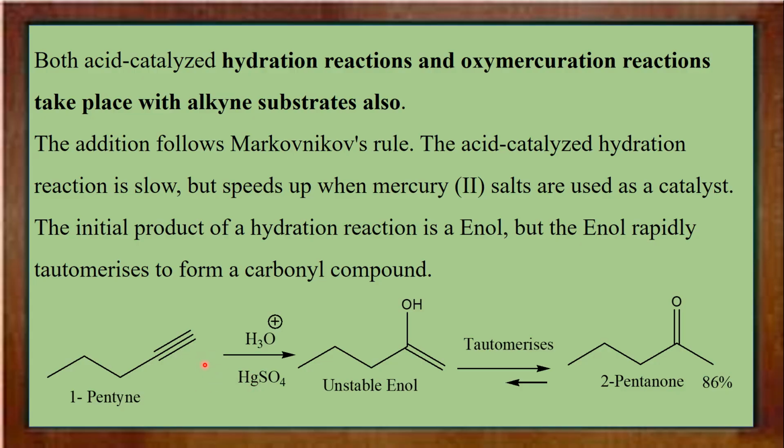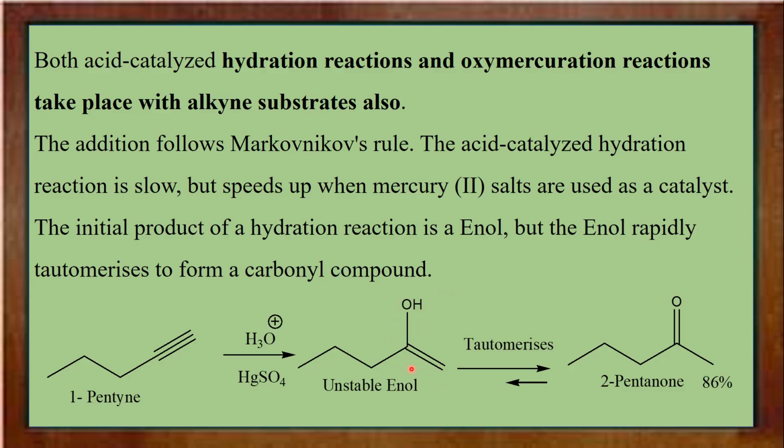So in this reaction, H plus is added first to the less substituted carbon here, generating a carbocation here, and that joins with the mercuric ion. So cyclic mercurinium ion will be formed, that will be attacked by water, and that results in enol.